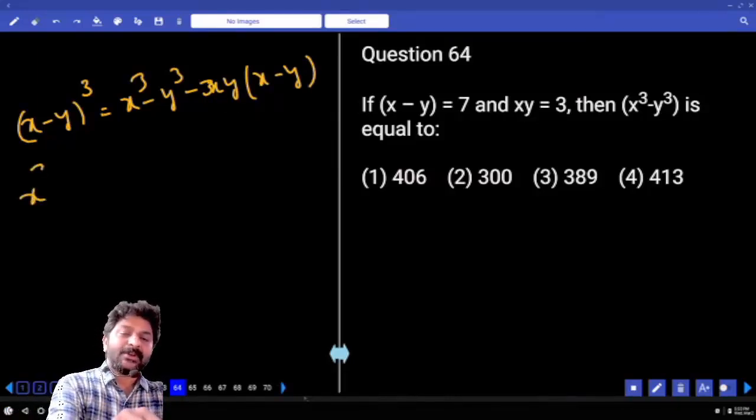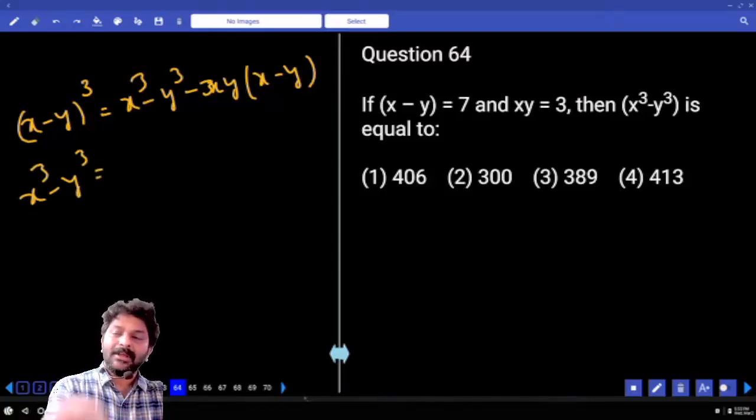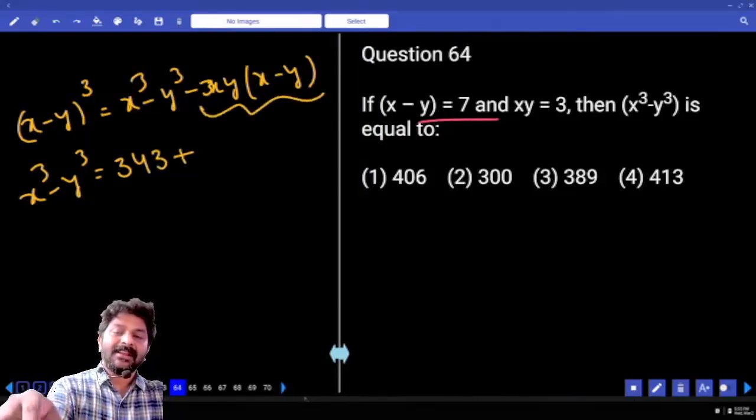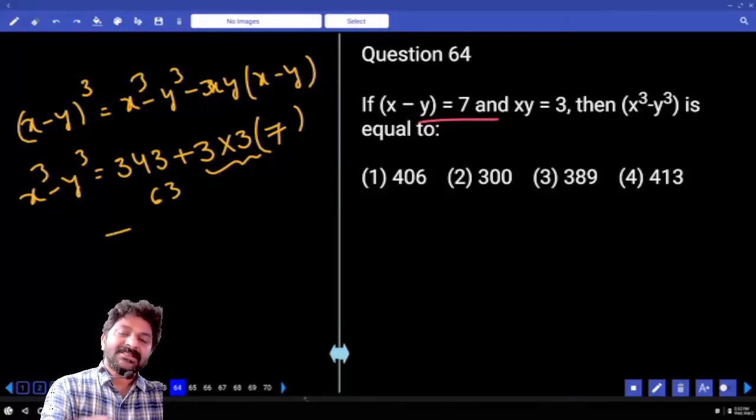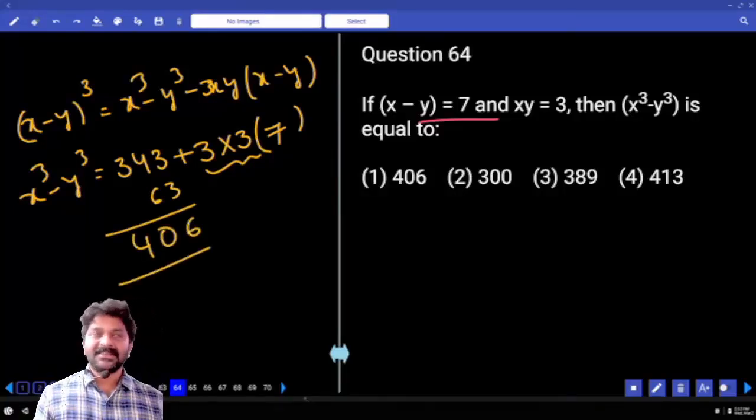From this, x cube minus y cube is equal to x minus y whole cube, 7 cube, 343. This value, when it comes to the left hand side, becomes plus, correct? 3 into xy value 3, x minus y 7. How much is this? 9. 9 into 7, 63. 63 and 343 both are added. Answer 406, first option.